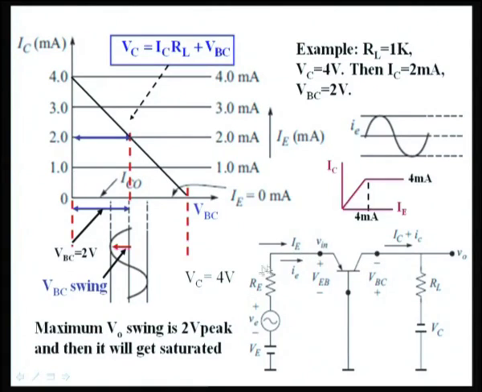If there is no DC current, the output voltage will be clamped to this V BC itself, it will not change beyond that point. Therefore, you will have clipping between 2 volts peak and 0 volt on the other side.